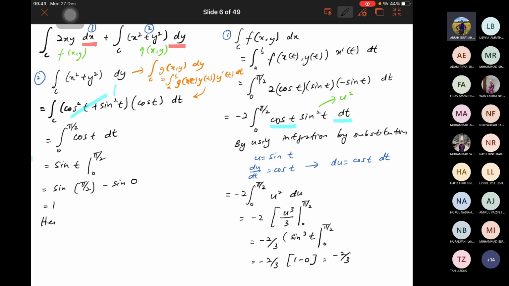Hence, integration over the curve C of 2xy dx plus x squared plus y squared dy will be equal to negative 2/3 plus 1. We get the answer 1/3.